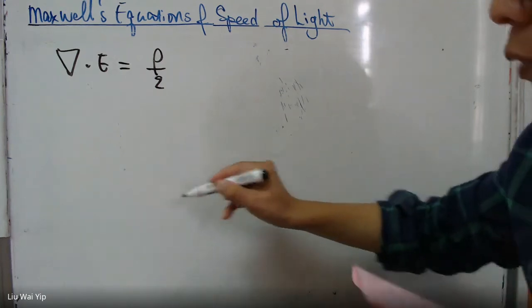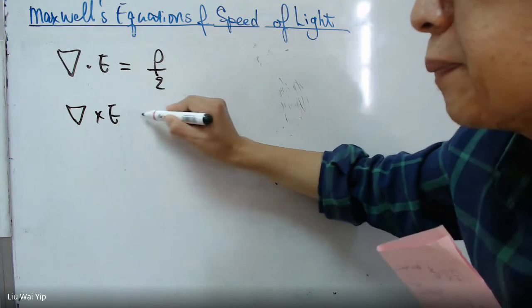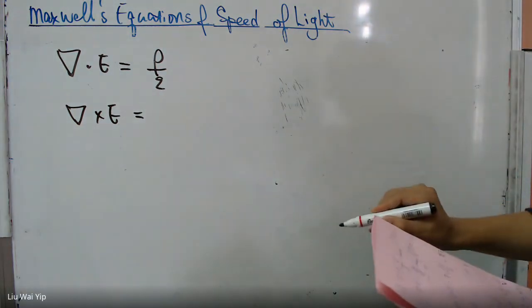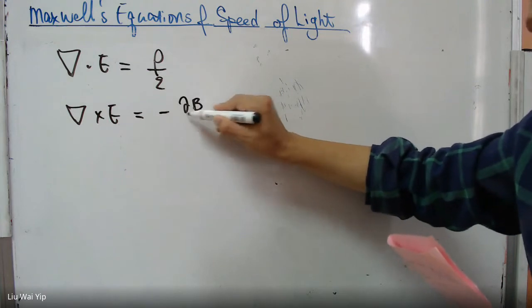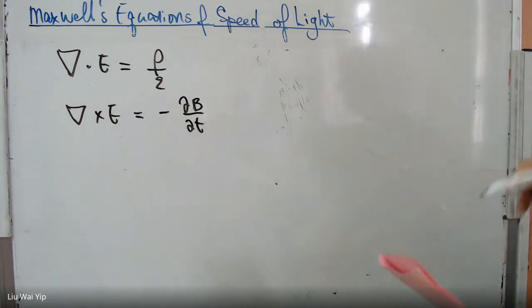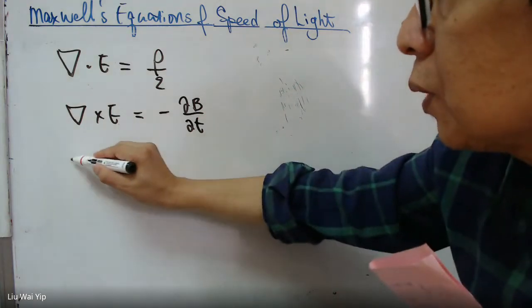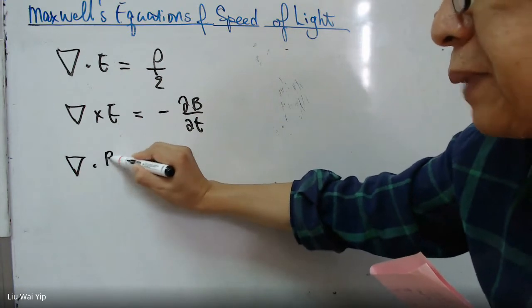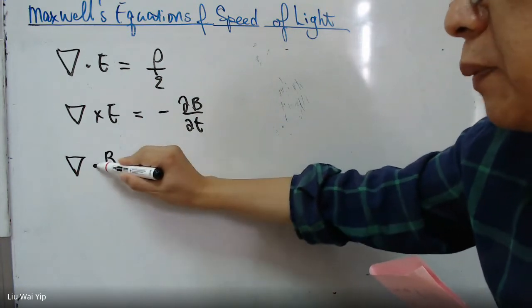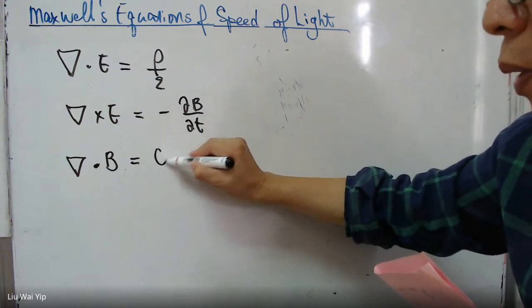And we have also learned the curl of E is equal to minus del B del t. And we have also learned the divergence of B is always zero, and there is no magnetic monopole.